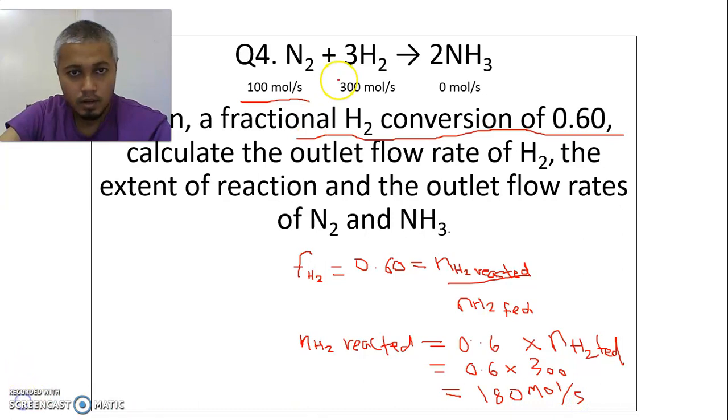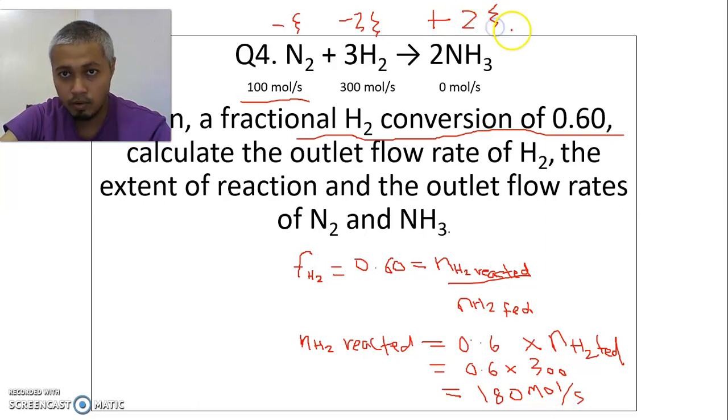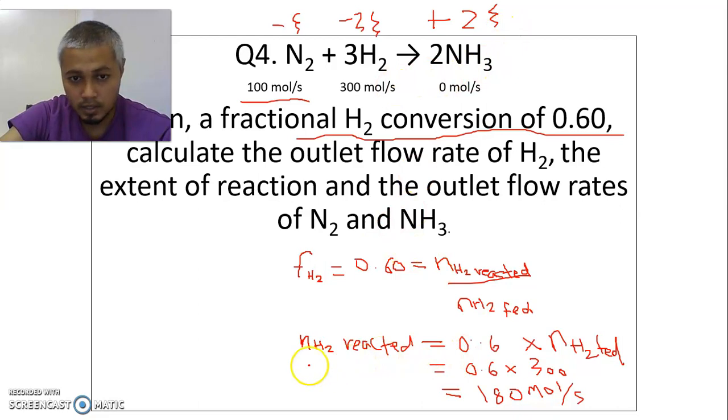Okay, now let's look at the extent of reaction for each component in the reaction, where we have negative epsilon for N2, negative 3 epsilon for H2, and plus 2 epsilon for NH3. Since we have H2 reacted 180, this is the intermediate value before we can get the final value, or the remaining H2 in the reaction.